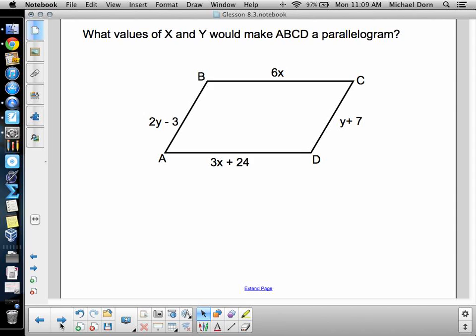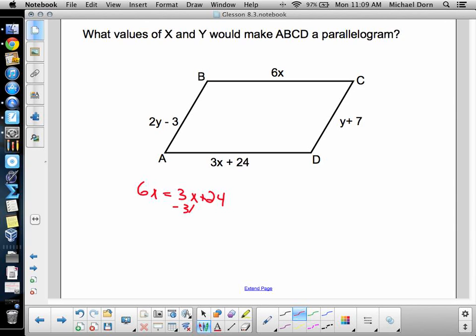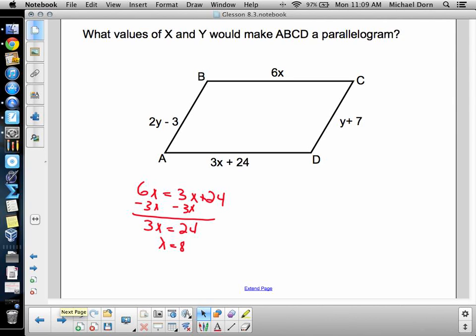So we have to set up and solve equations. Nothing new. How would I set this up for x's to start with? Okay, and that's pretty easy. I get 3x equals 24, so x is 8. So if x is 8, then these sides are going to be congruent, right? If x is anything but 8, they aren't going to be congruent.